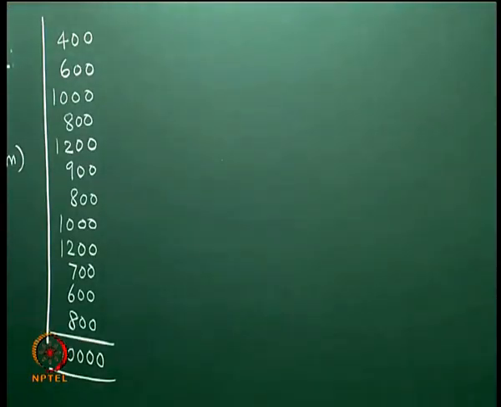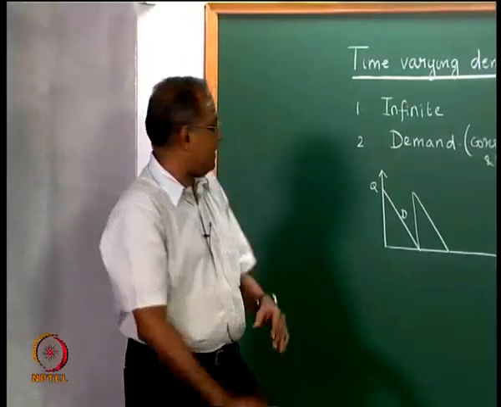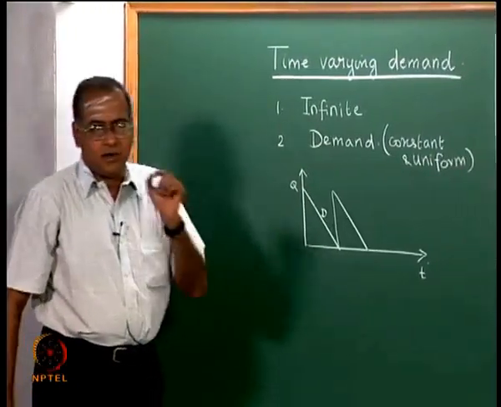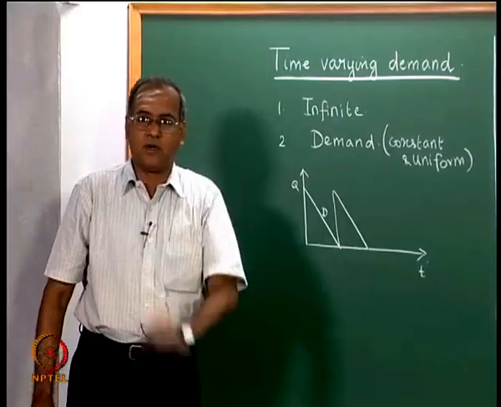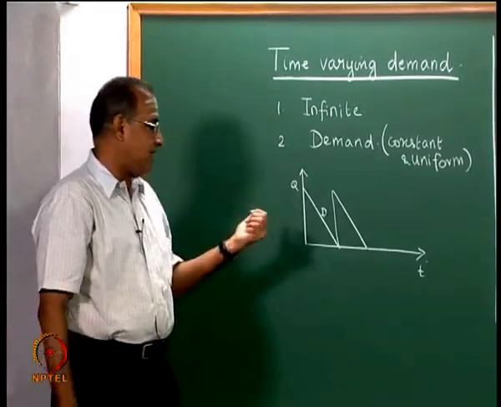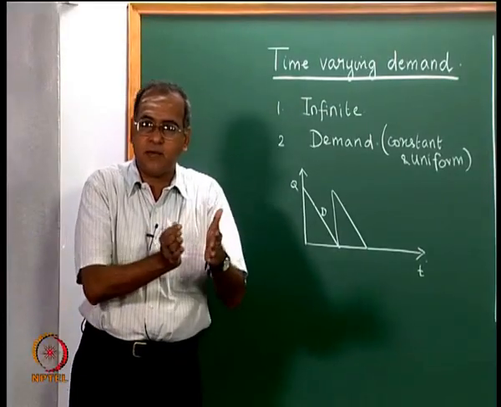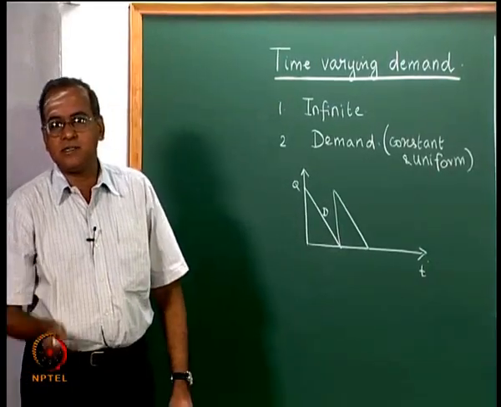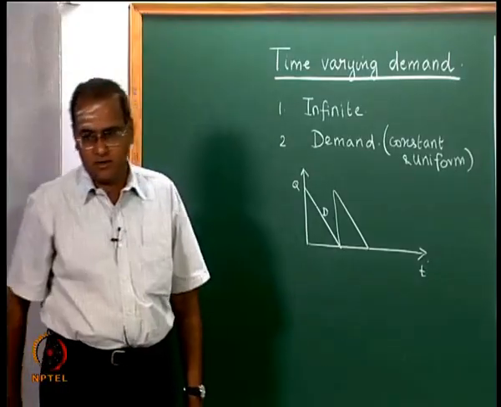Now several questions are there. Like in the earlier models, are we going to have the same order quantity or is the order quantity going to be different, or are we going to have the same order frequency or is the order frequency going to be different?